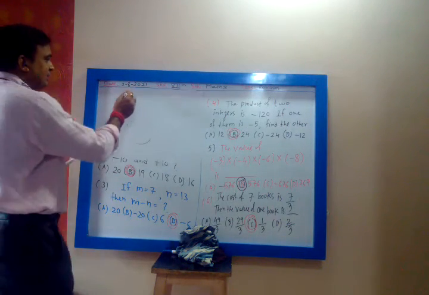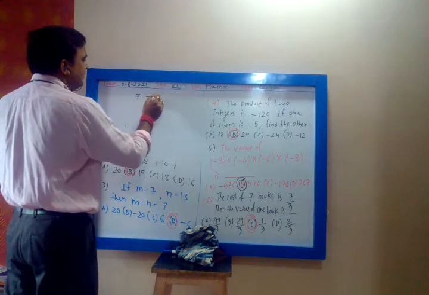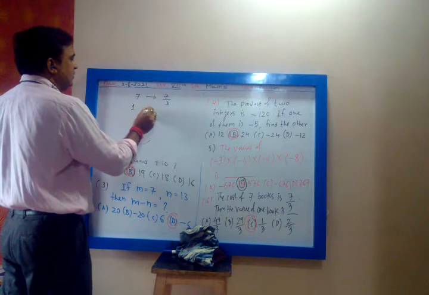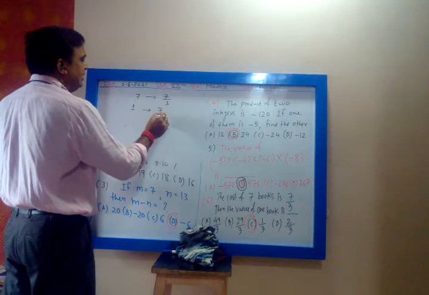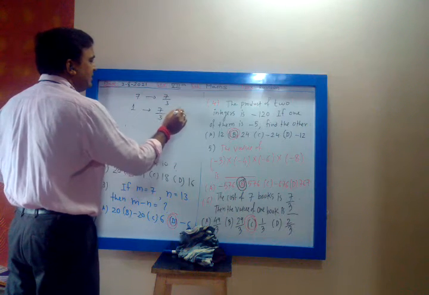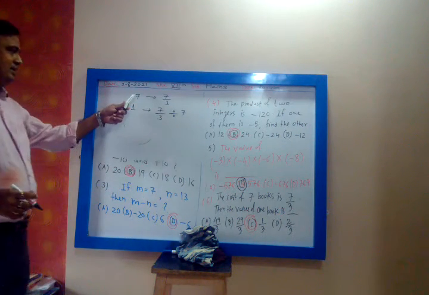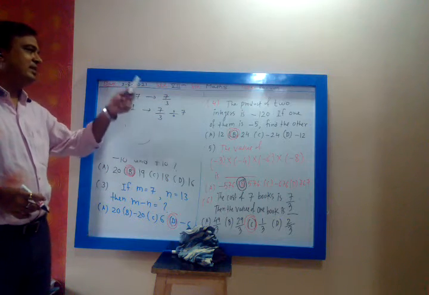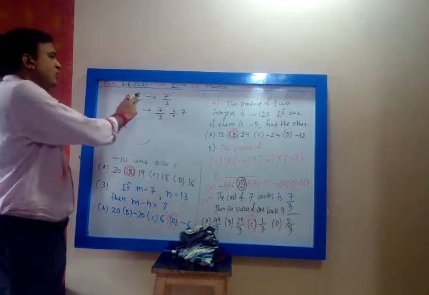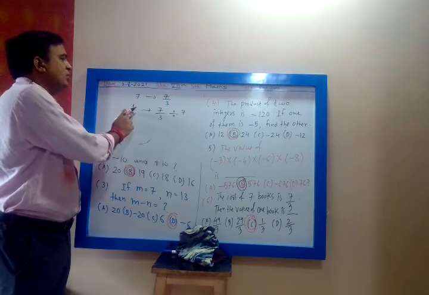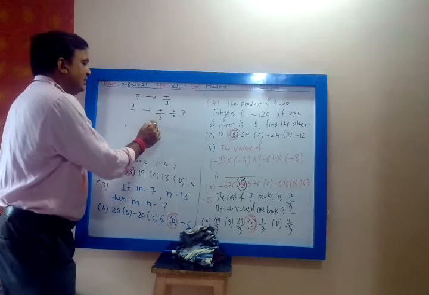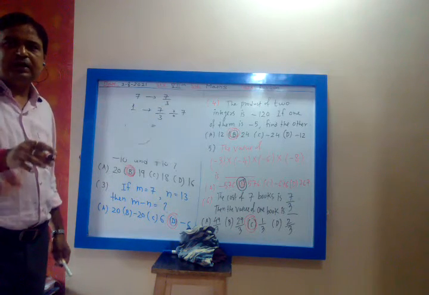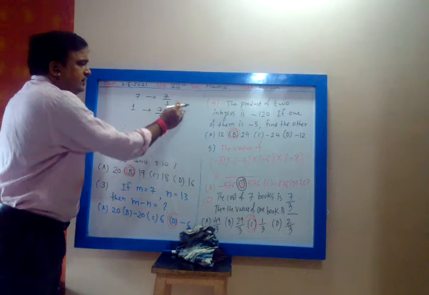Verify the answer. The cost of 7 books is 7 by 3 rupees. So what is the cost of one book? For one book, we have to divide 7 by 3 by 7. Whenever you want to convert division into multiplication, you have to take the reciprocal of the second.